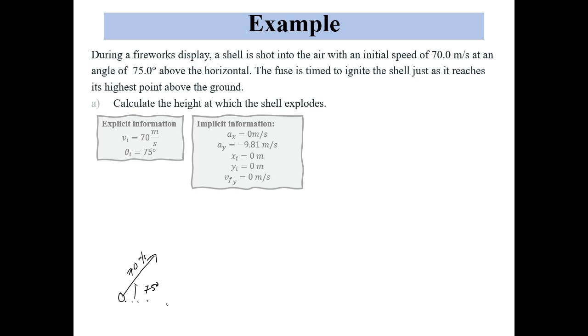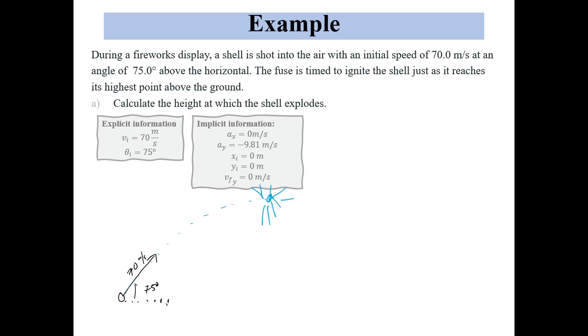This is a 2D vector. What we do in projectile motion is break it down into x and y components of the initial velocity vector, and we go from there. But to give you an idea, this object is going to be launched at this angle, and right at the peak, it's going to explode. Fireworks. Peak of its height.